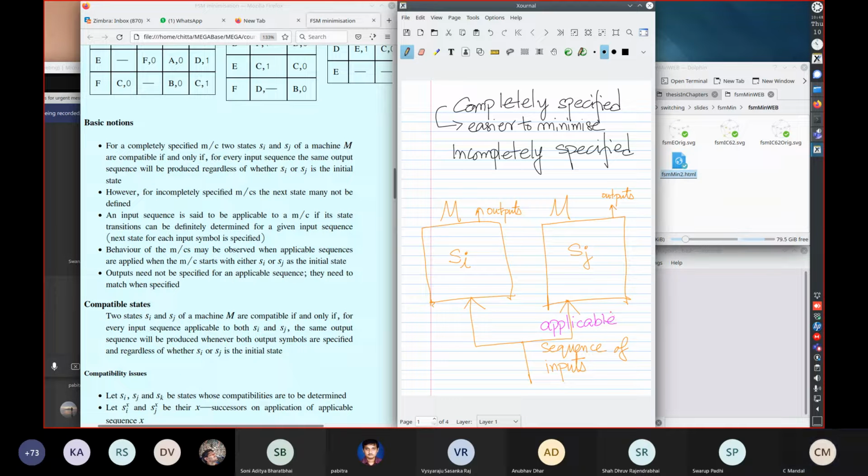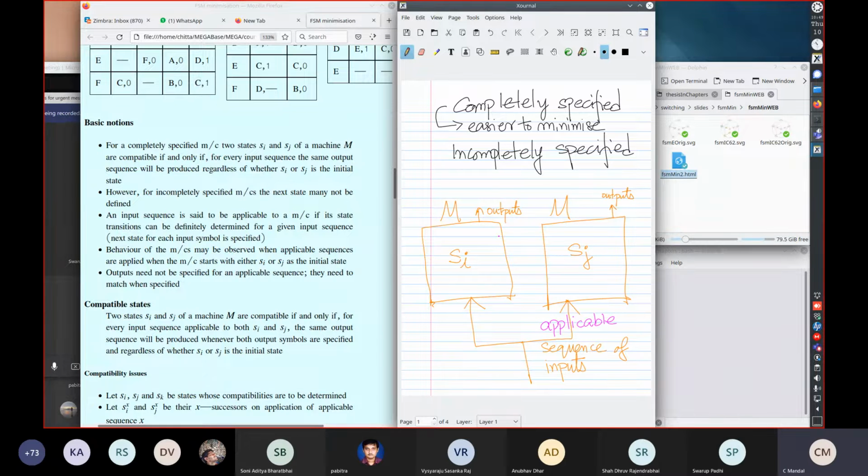Because if you do the experiment with a sequence that is not applicable to both Si and Sj, then you can't really do that experiment properly, because at some point the next state is not defined for one of the machines maybe. So you do the experiment with applicable sequences and observe the outputs. Because the next state transitions are defined, you can do the experiment.